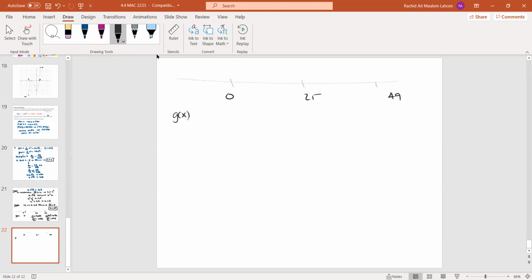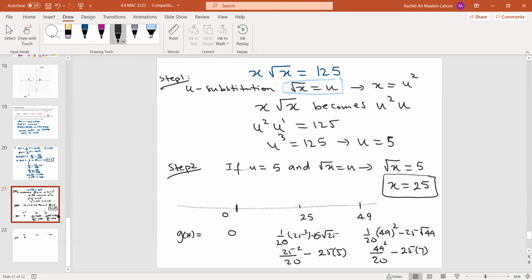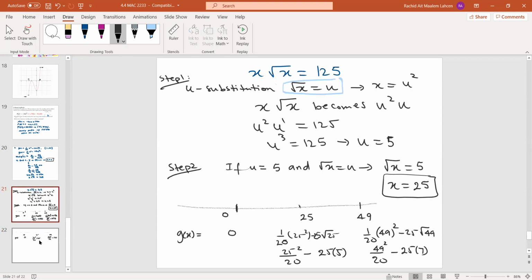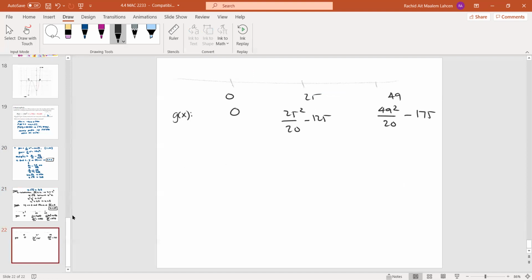This one, g of x, we found that this is 0. So the next one is 25 squared over 20 minus 125. This one, 49 squared over 20 minus 175, right? So here just to show, when you get to it, you deal with the fractions because you want to keep it in fraction form.